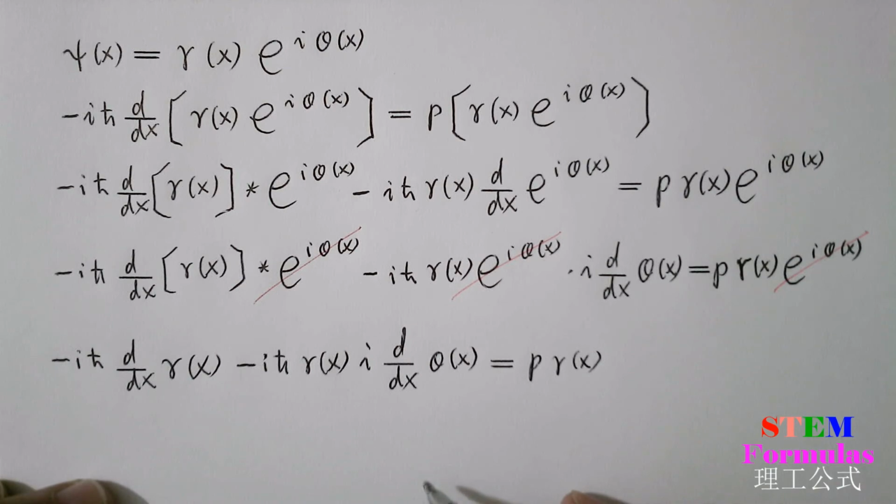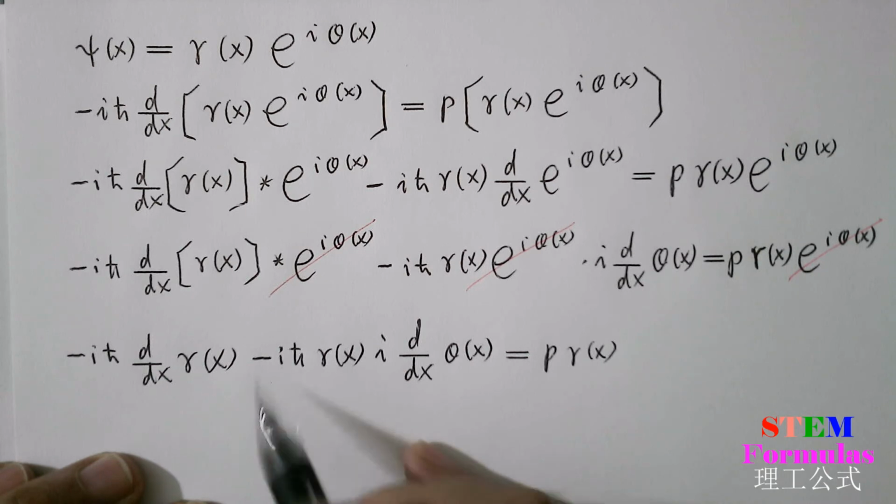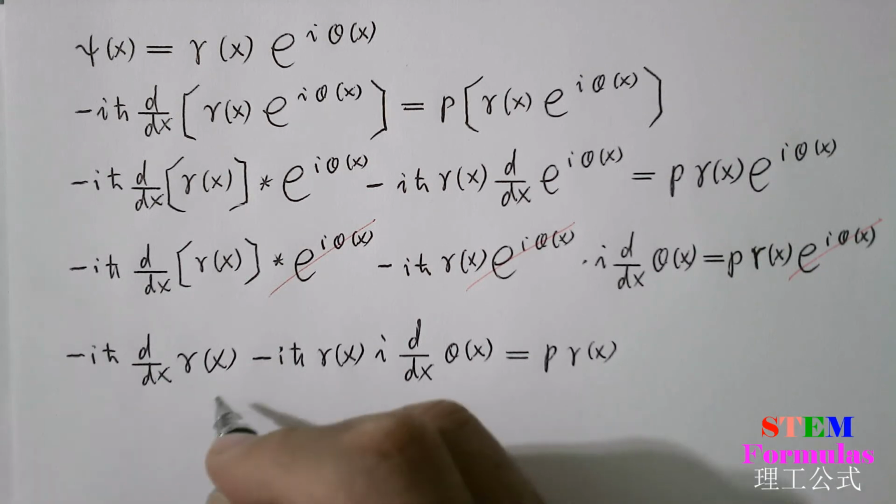Now, since i times i equals i squared equals minus 1, it cancels out with the minus sign.